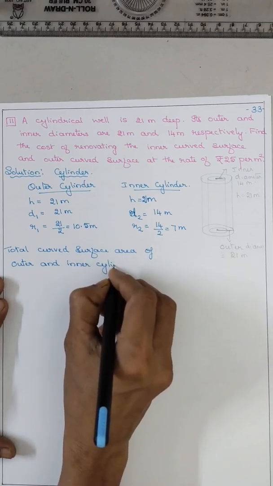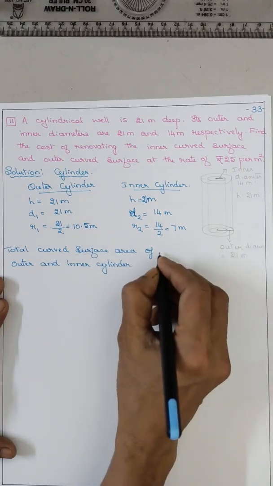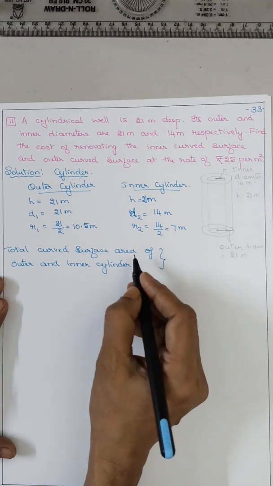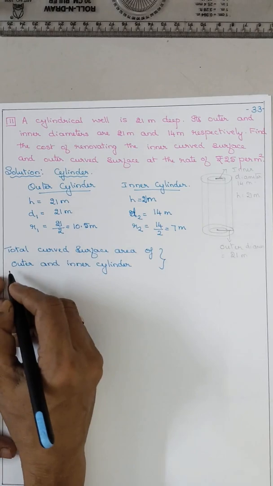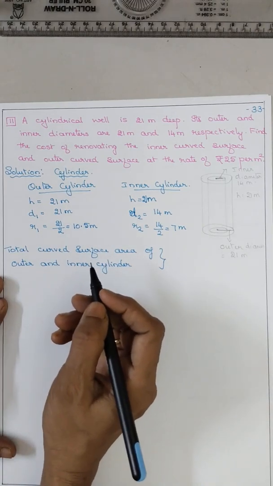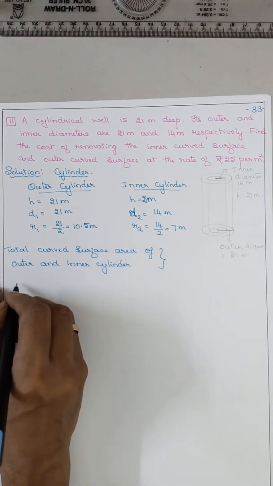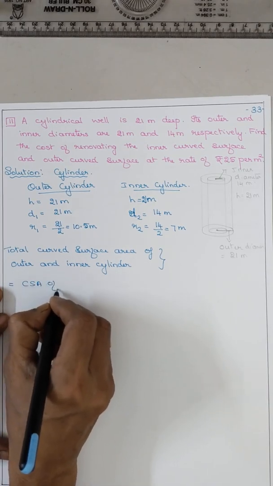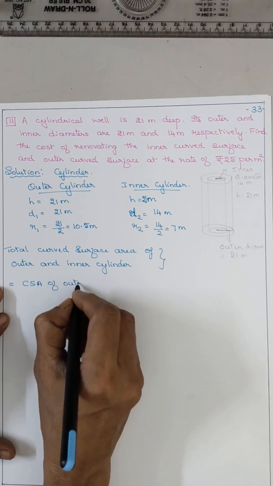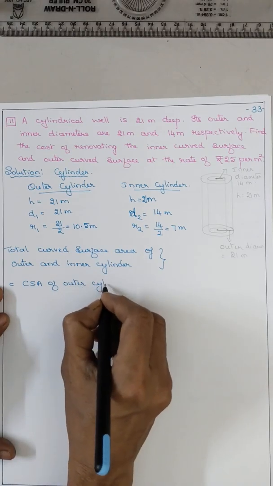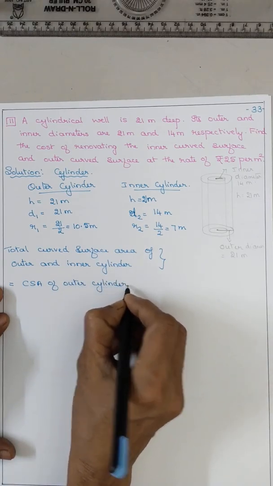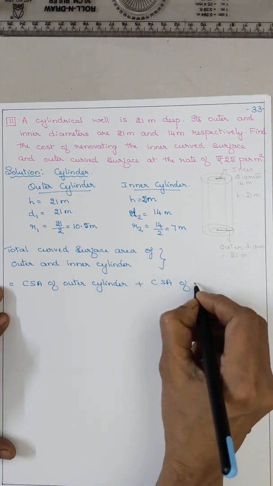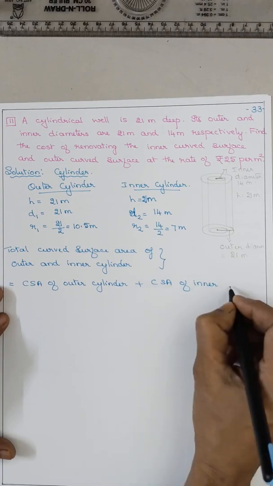Hope you are understanding why I have written total, because it is the curved surface area of outer plus the inner. So it is equal to CSA of outer cylinder plus CSA of inner cylinder.